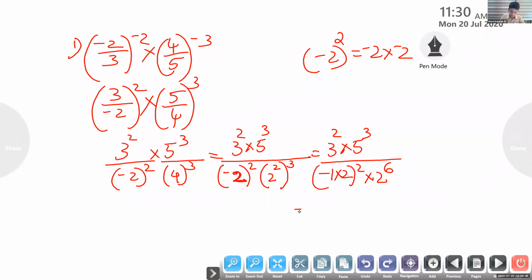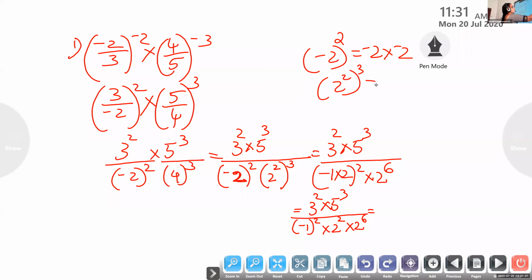This equals 3 square into 5 cube divided by negative 1 the whole square into 2 square into 2 raised to 6. Ma'am, how did 2 raised to 6 come? 2 raised to 2, law of exponent, multiplying these two: A raised to m the whole raised to n is A raised to mn. Okay?